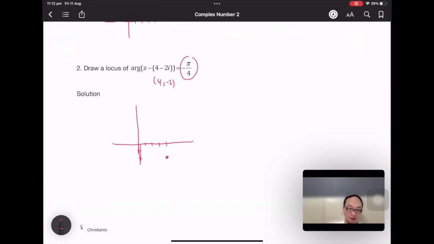So this is the coordinate. And then negative pi over 4, this is the real axis. Negative pi over 4 is here. So the complex number z will lie on this line, on the half line.